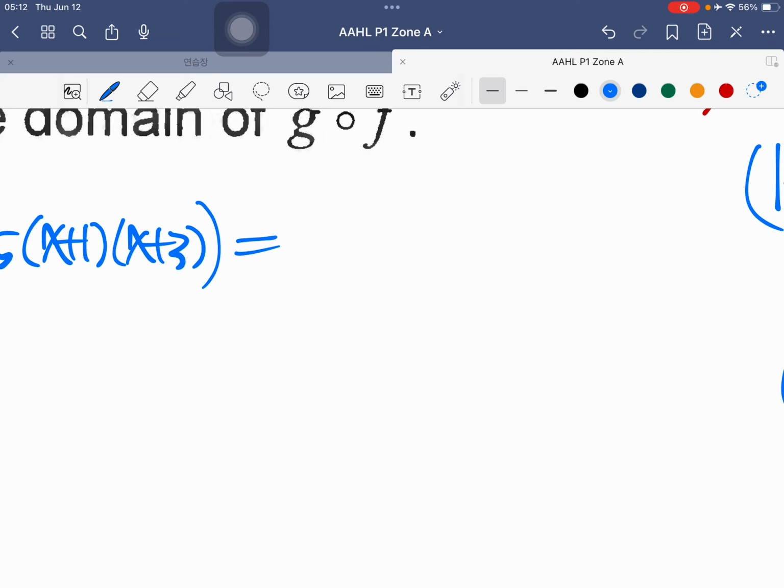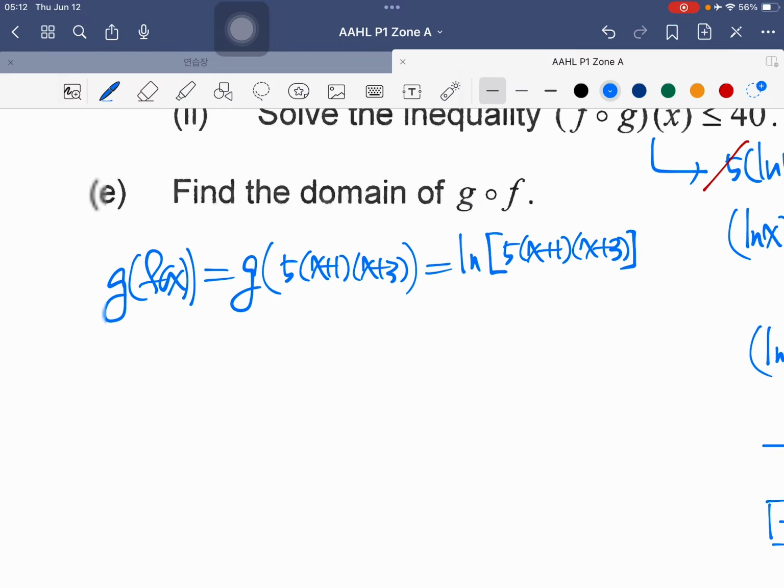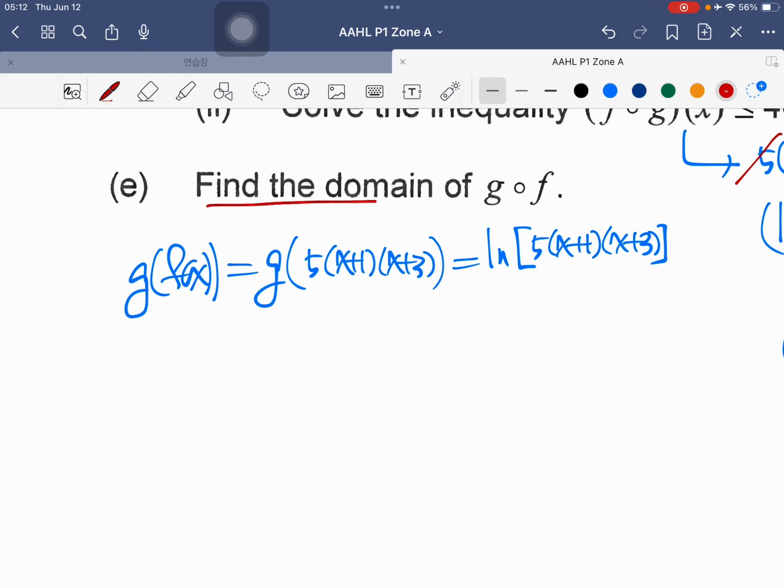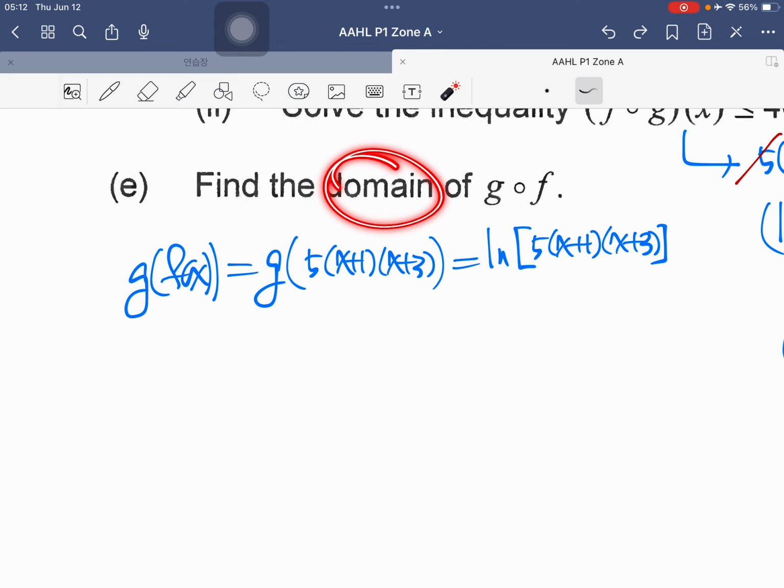So that means ln of 5 times (x plus 1)(x plus 3). Our goal is to find the domain of this function.